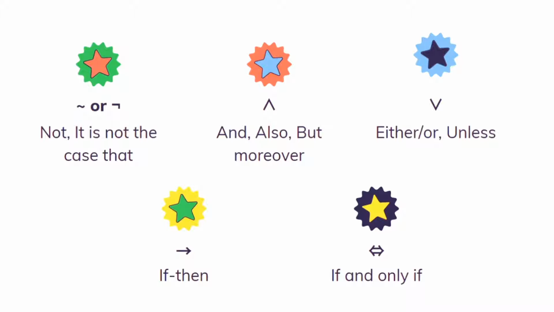Next is V, which means either or, unless. Next is an arrow pointing to the right, which means if then, and the last logical connective symbol, an arrow pointing both sides, means if and only if.